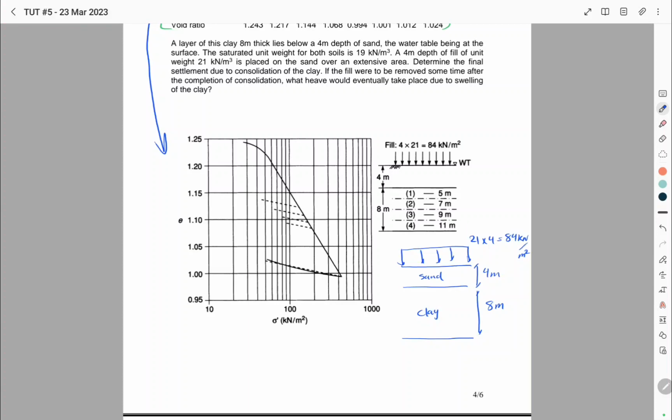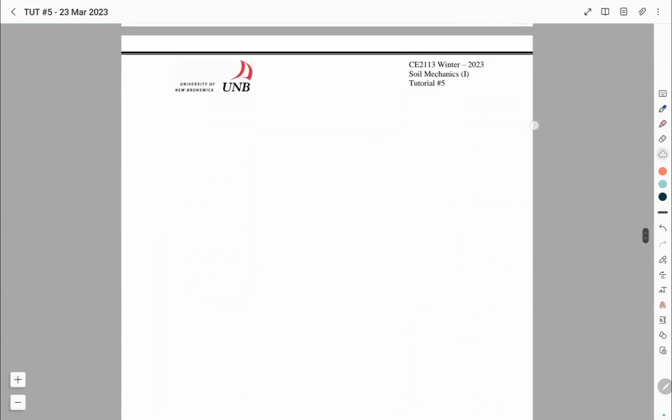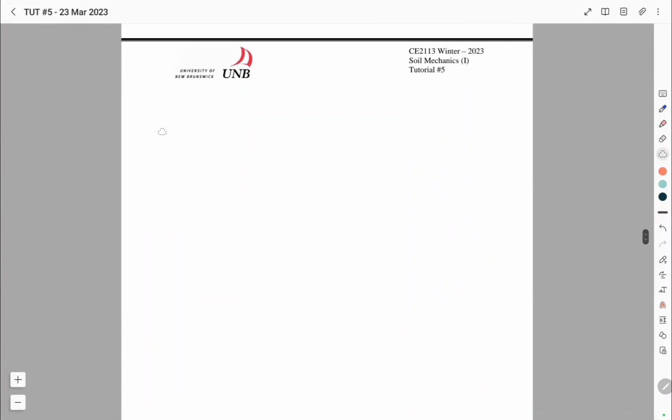And the question asks the final settlement due to consolidation of the clay. And in the second part, it says if we remove this load again, how much heave would take place due to swelling of the clay. So in the first part, again, we have a layer of sand, and we have a layer of clay.